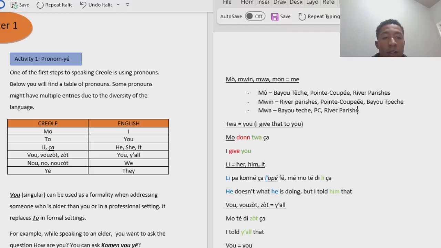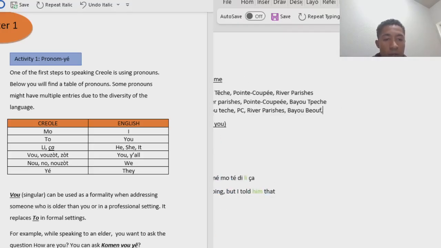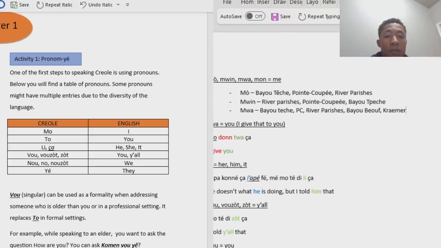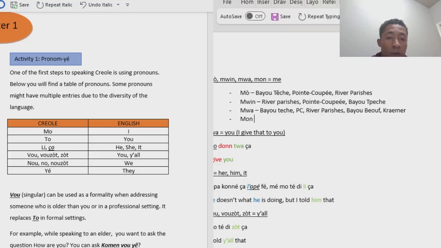Specifically around there, you have this place called Bayou Buff. If anybody's from around Bayou Buff, then you might know what I'm talking about. And then you have them all in the same regions.